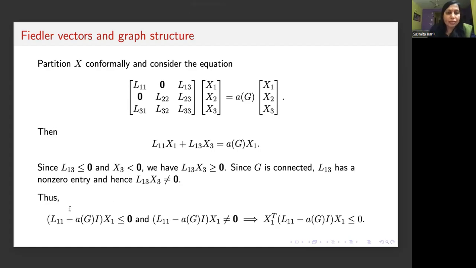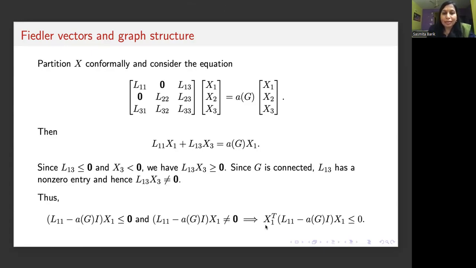This tells that if I take this to this side, I'll get L11 minus AGI times x1, bringing this to this side, equal to the negative of this, and this is greater than or equal to 0, and not 0. So this will be less than or equal to 0, meaning it's a vector having entries less than or equal to 0. And this vector is again not equal to 0, because this is not equal to 0.